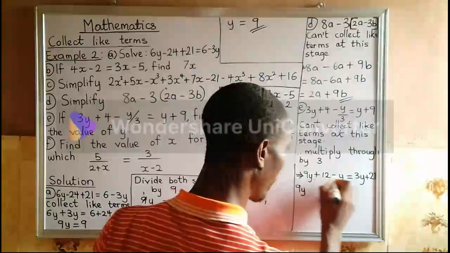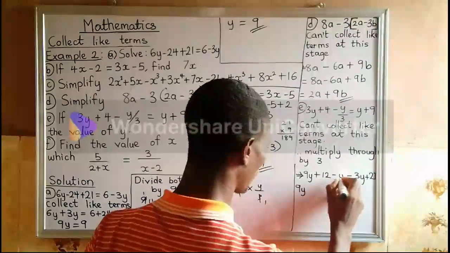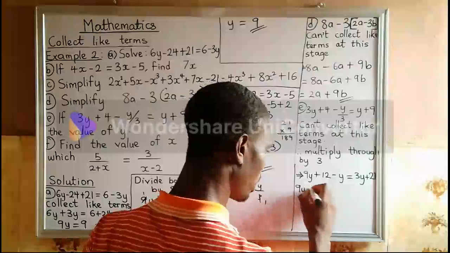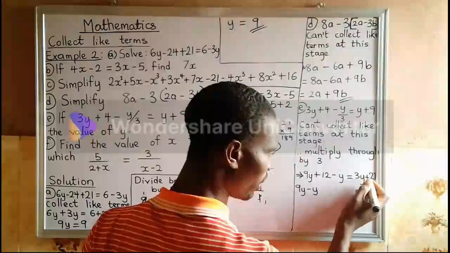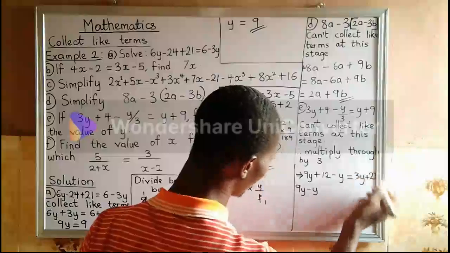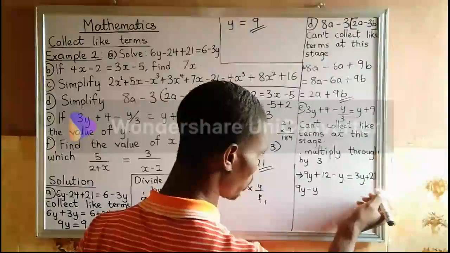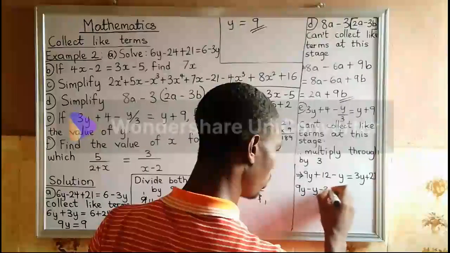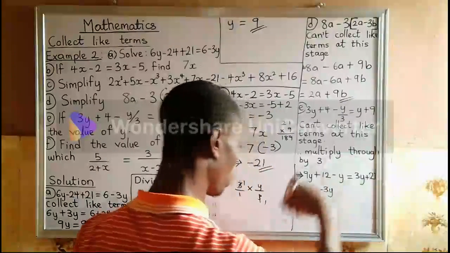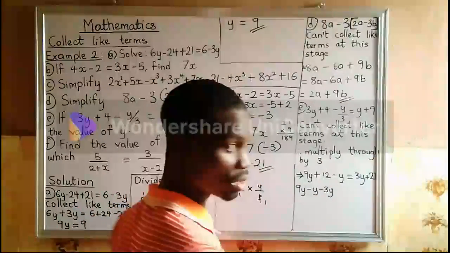Any other one with y? Yes, minus y. It's not crossing the equals to sign, so you maintain it. It will still be minus y. Then another one that has y is 3y. It is on the other side of the equation, so you bring it to this side to become minus 3y. Remember, if it was plus, it becomes minus. If it was minus, it becomes plus.